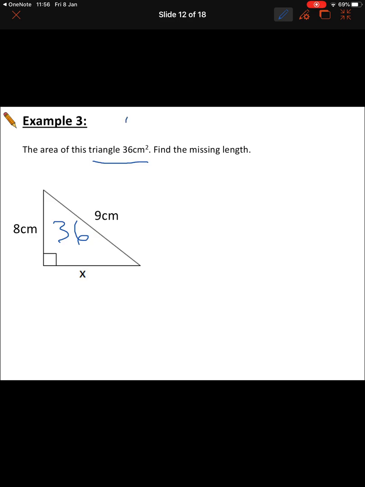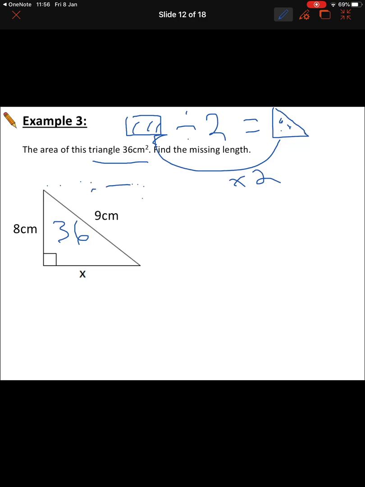Now from the earlier example as well, we know that if we take the area of a rectangle and divide it by 2, we'll get the area of a triangle. Now if I have to go this way, I would have to multiply by 2. So what I'm going to do is double 36 first.